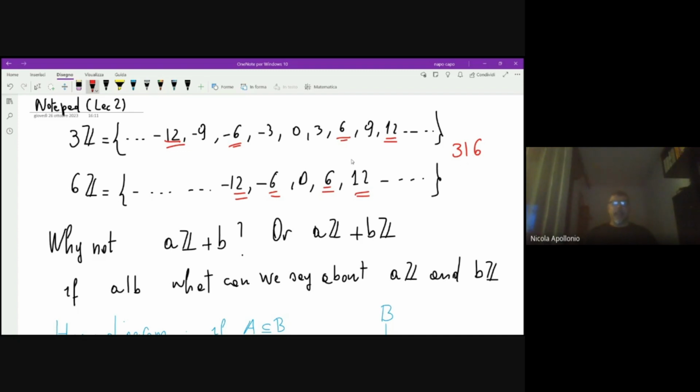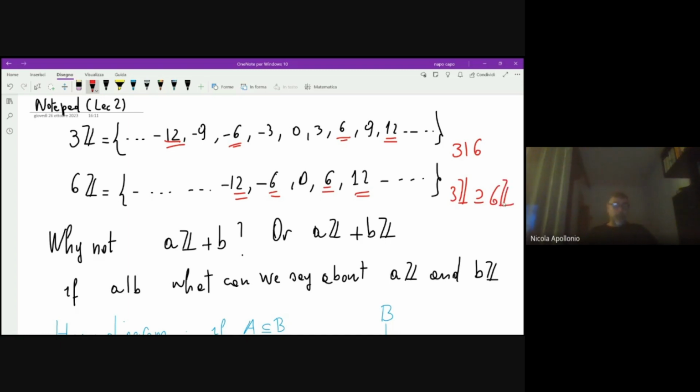So which is the larger of the two sets, 3Z or 6Z? Well, the larger one is 3Z. And we have this inclusion.